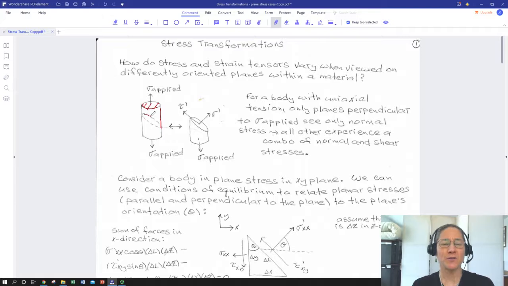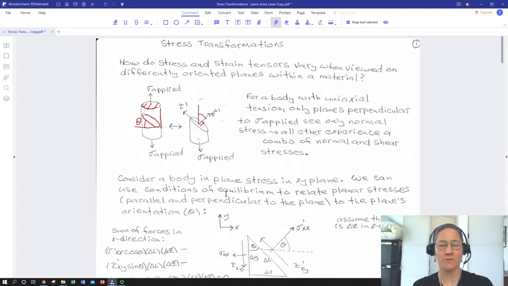But what if we looked at a plane that is at a tilt here in the middle? We can use some geometry and relate the angle of that plane to an angle versus the surface normal.